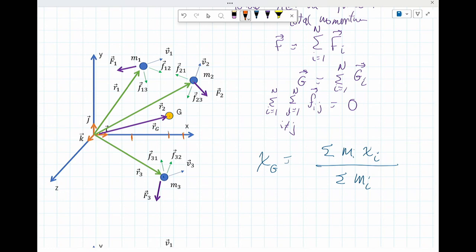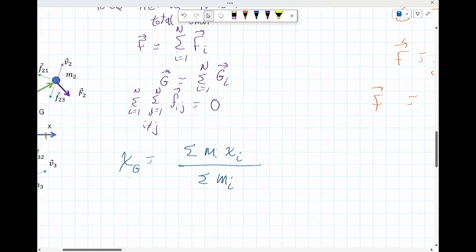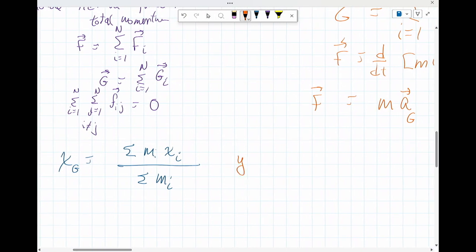If everything is equally spread out, it will be an equal spread in a linear sort of combination. Now, that's the x location. No surprises here. y_g and z_g are going to be the same thing.